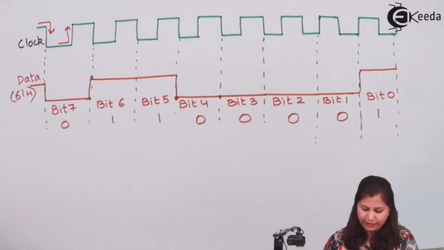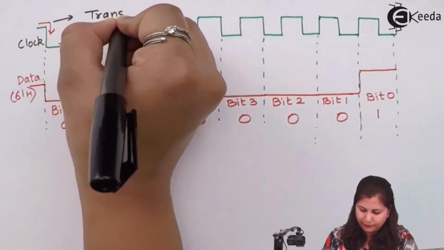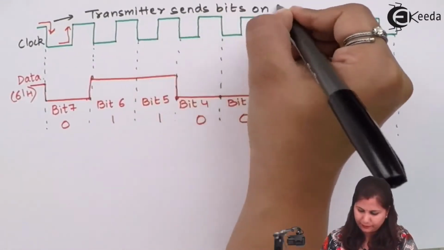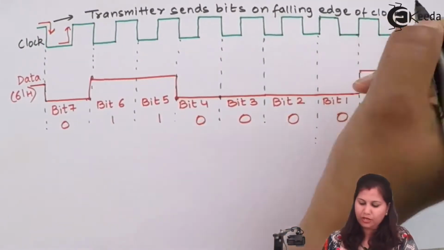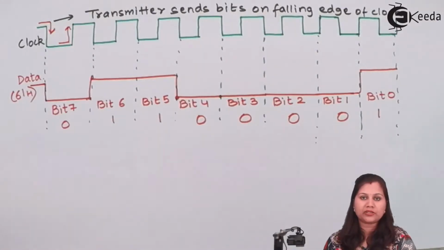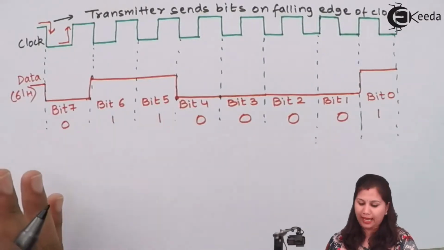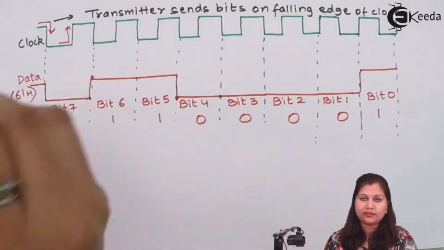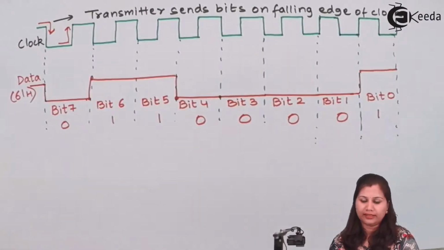So at the falling edge, the transmitter is going to send the bits, and on the rising edge, the receiver is going to read the data.